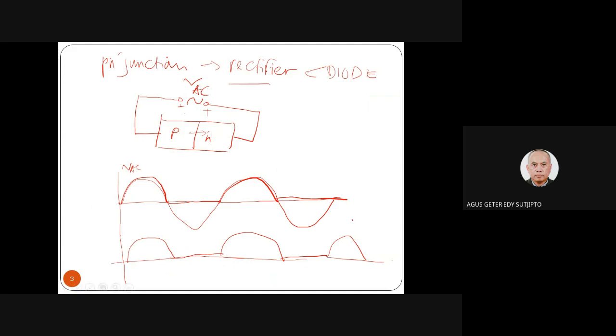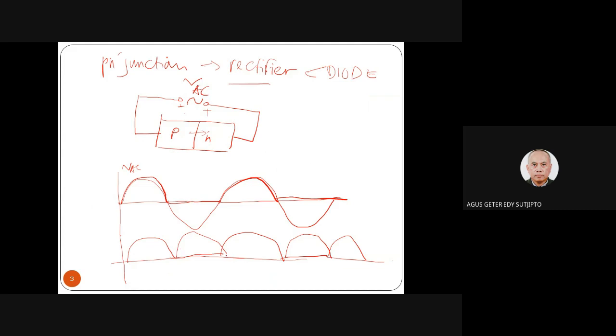So this is a rectifier, and then we can make it smoother if we have a combination of PN junctions or several diodes. Then we can rectify the current more, for example, like this one. We will allow the current to flow in the other phase at the time.